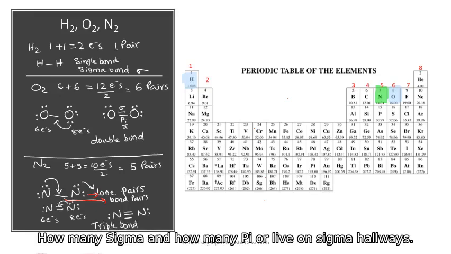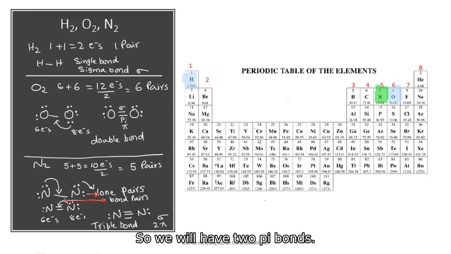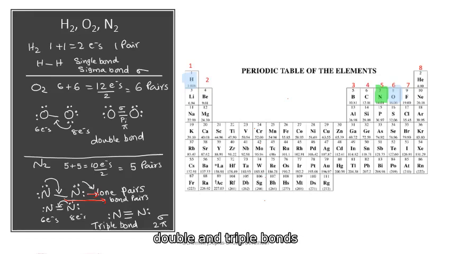How many sigma and how many pi? Only one sigma always, and whatever we are transferring turns into a pi bond. So we will have 2 pi bonds. That's the simple one to show single, double and triple bonds, and the lone pairs and bond pairs.